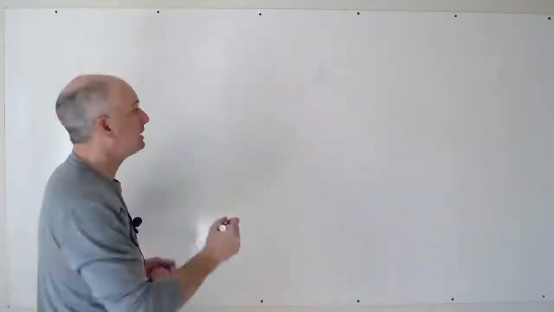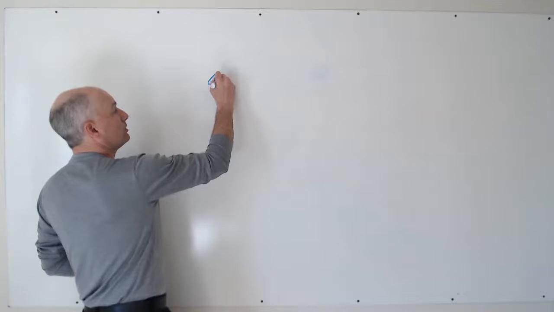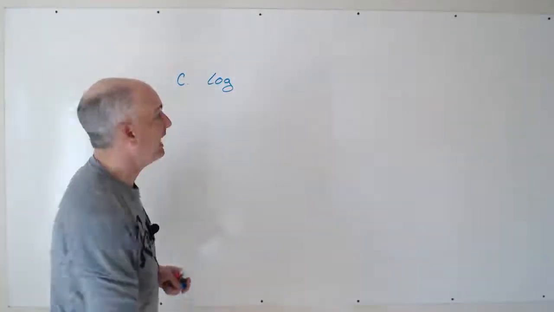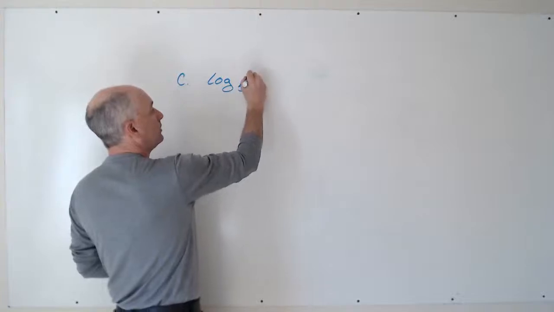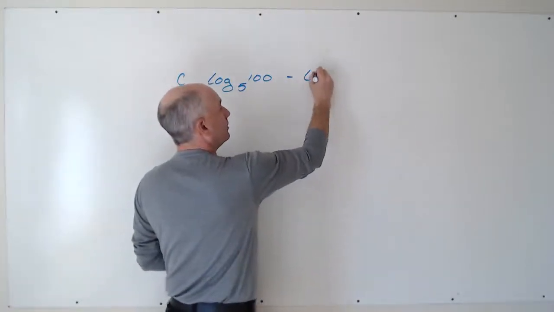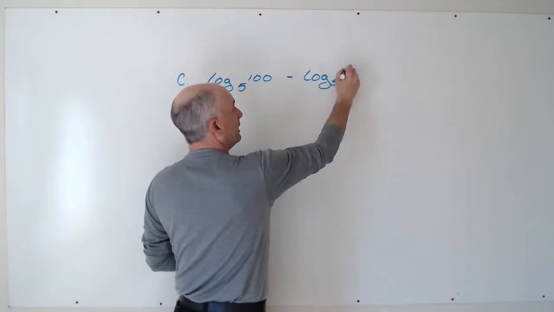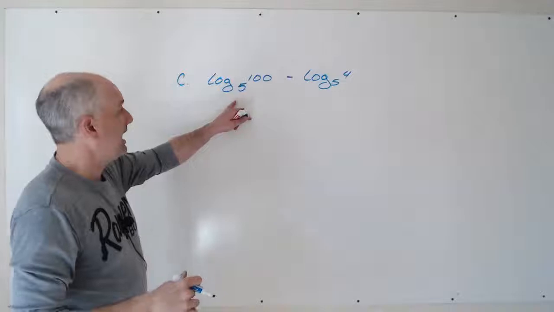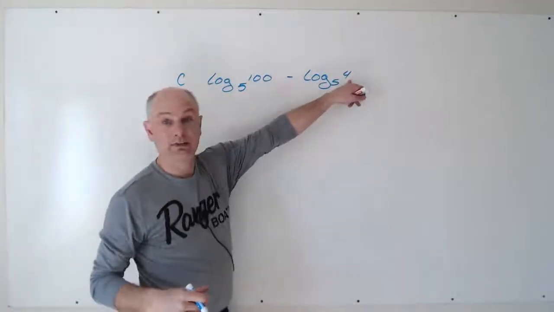So in part C, you'll notice we have log base 5 of 100, and we're subtracting log base 5 of 4. Now you'll notice in this particular case, I can't make an adjustment individually here.